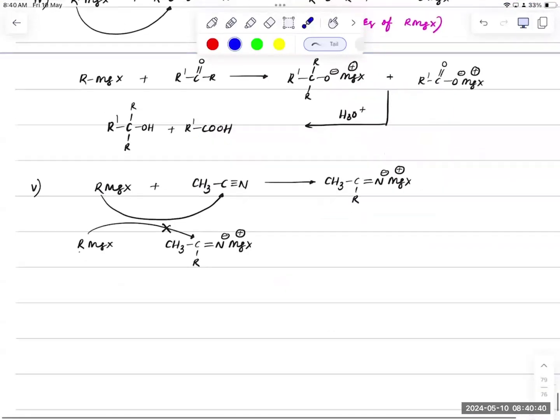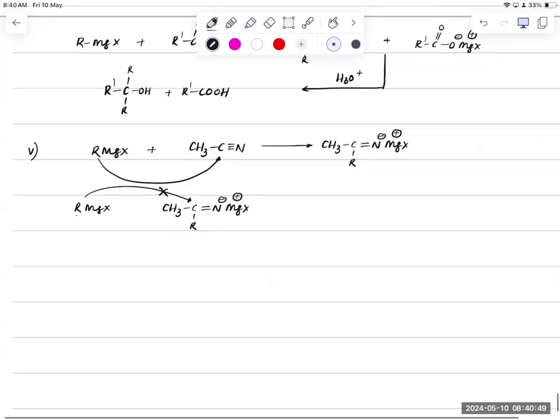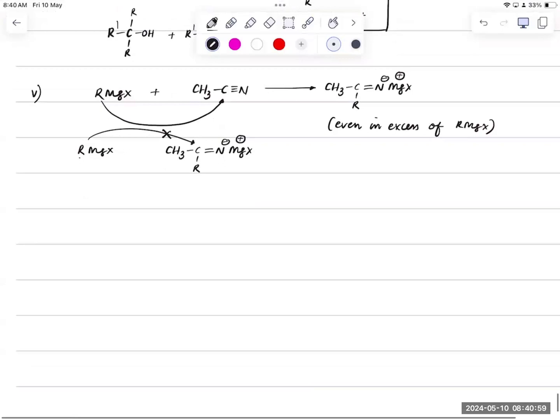But here we are not able to get ketones easily. So the second mole of RMgX attack is not possible, even in excess of RMgX. You'll only stop here, so further reaction is not happening.